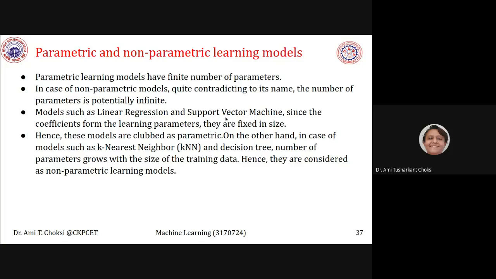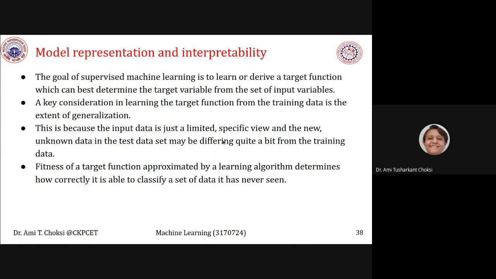Models such as linear regression and support vector machine, since the coefficients form the learning parameters, are fixed in size. Hence, these models are clubbed as parametric. On the other hand, in the case of models such as k-nearest neighbor and decision tree, the number of parameters grows with the size of training data. Hence, they are considered as non-parametric learning models.